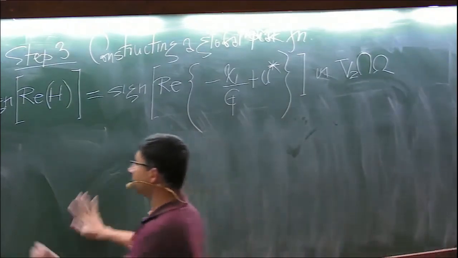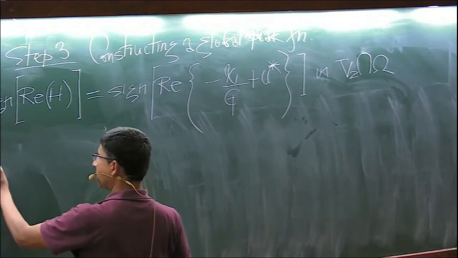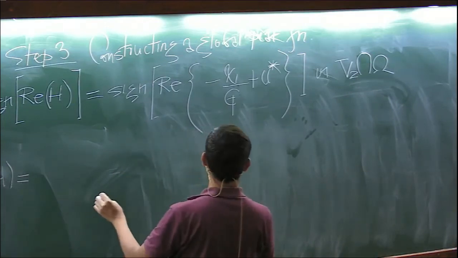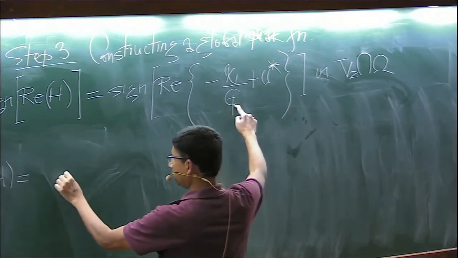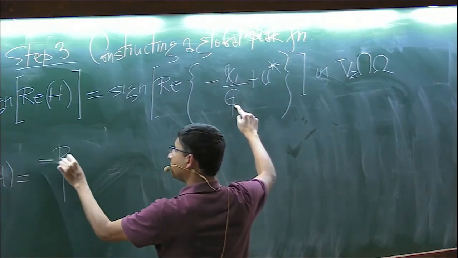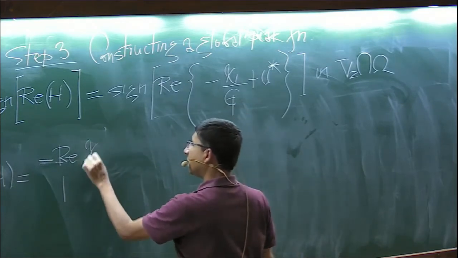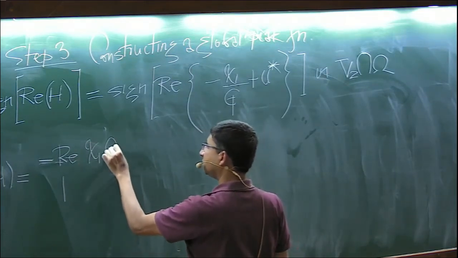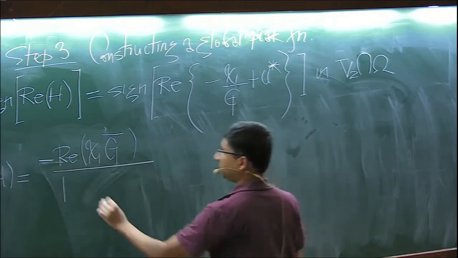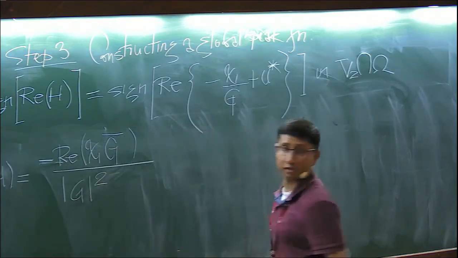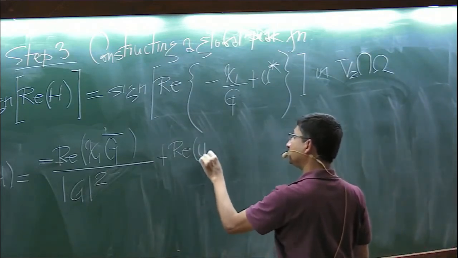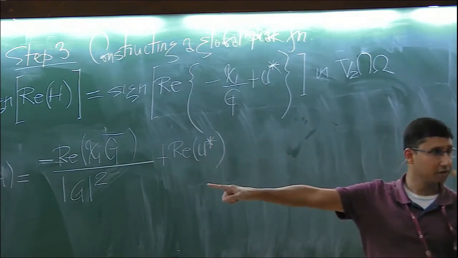Let's look at the real part of H again. So this is the negative of the real part of chi1 times G conjugate divided by mod G squared, plus the real part of U star, which I have ensured is negative.